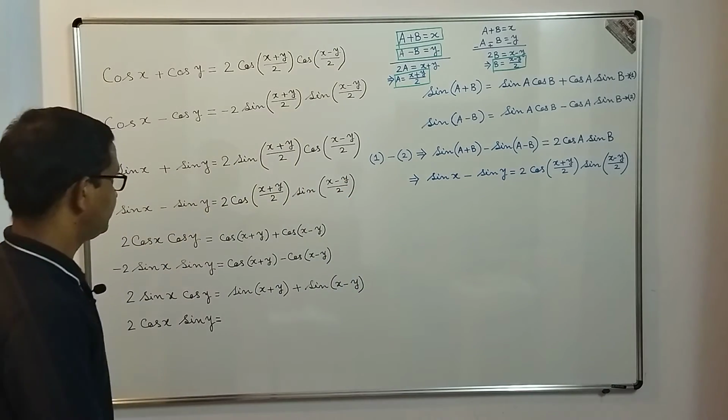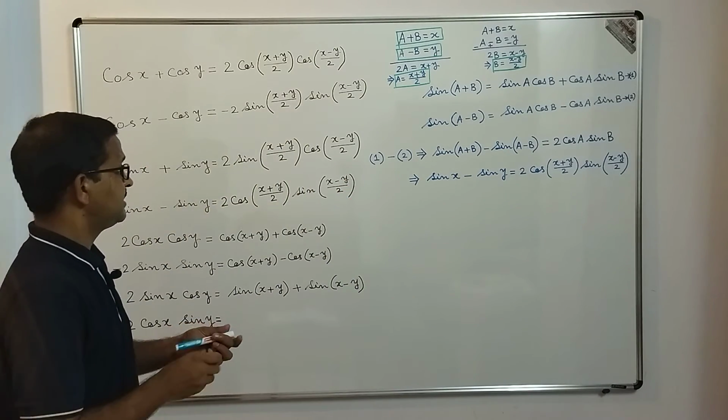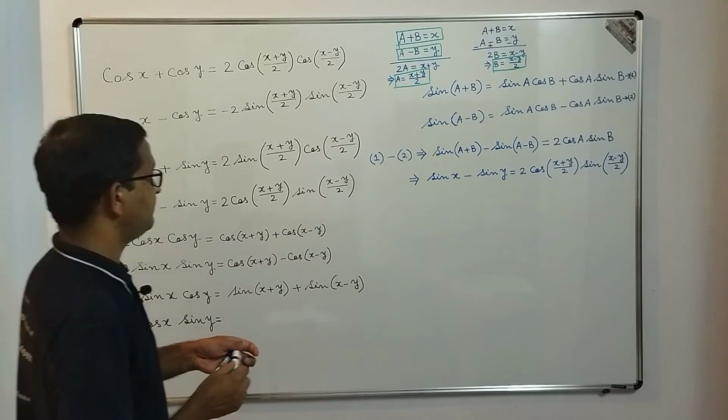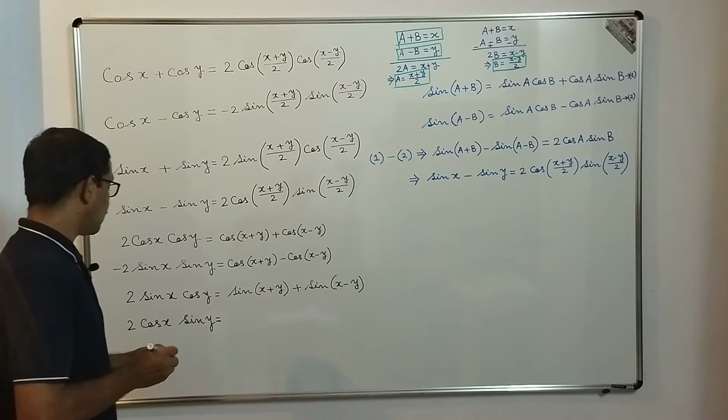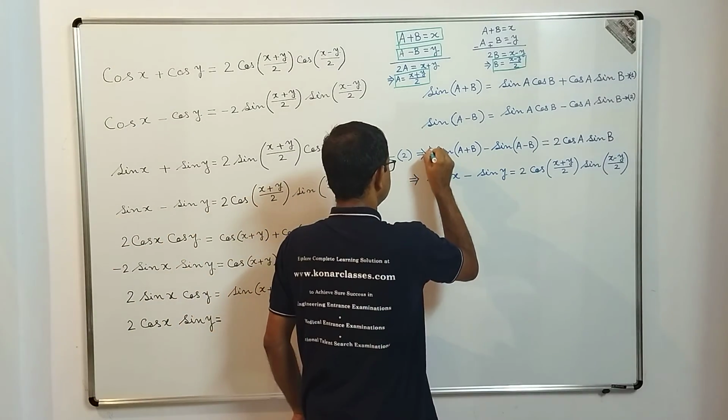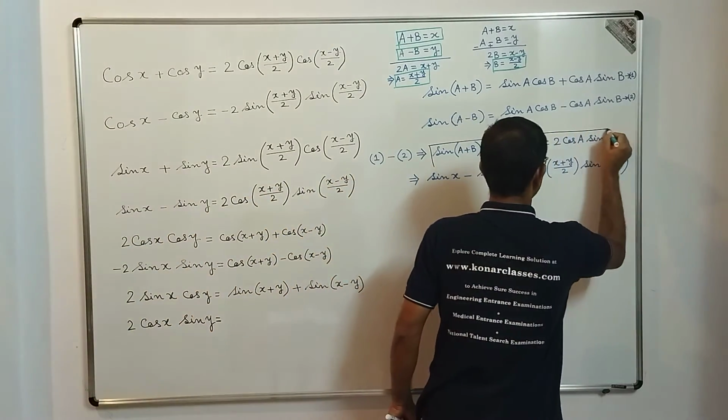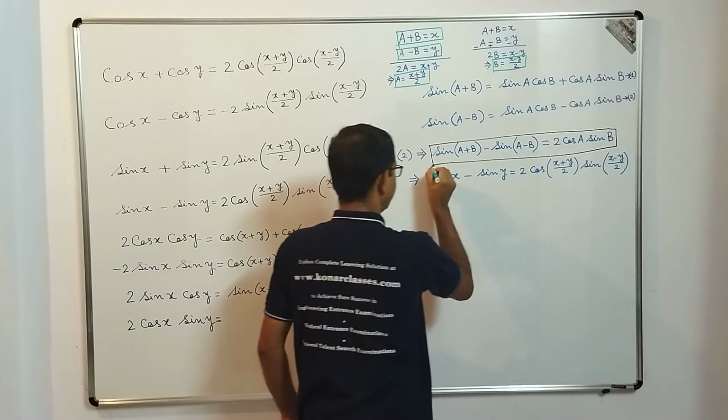Now dear students, we got that sine a plus b minus sine a minus b is equal to 2 cos a sine b. Correct? So this formula we get. That is an intermediate step, by the way.